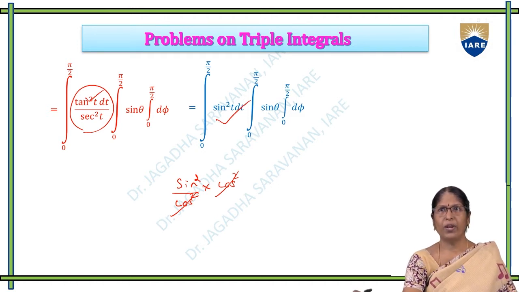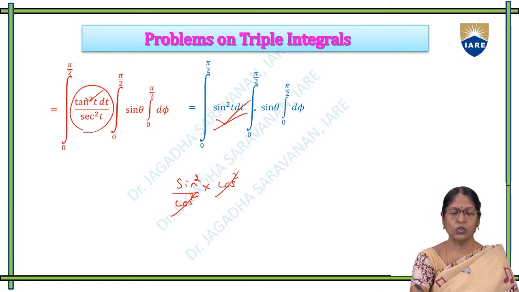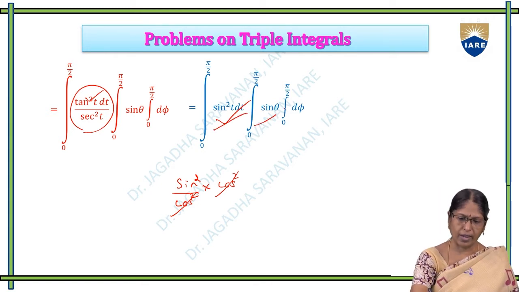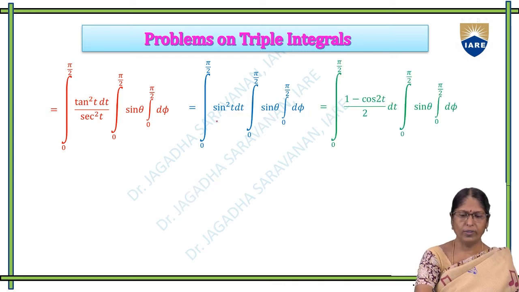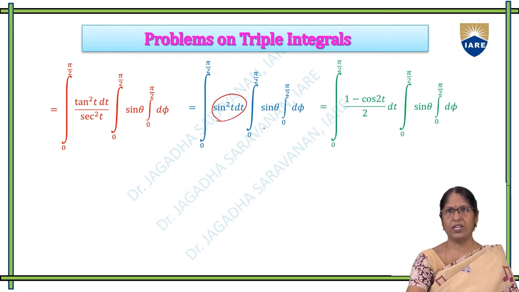Now completely here sine square t, here sine theta, here d phi. So this sine square t, whenever the trigonometric ones have a power, the corresponding formula we have to substitute.